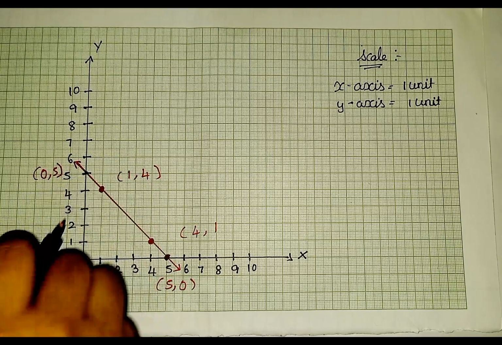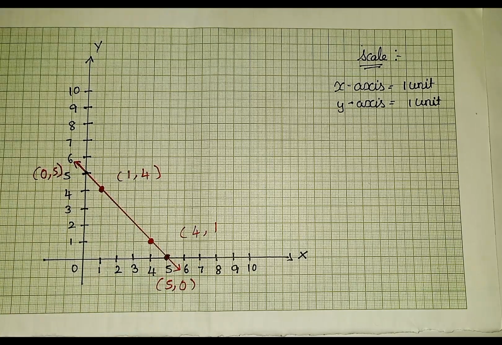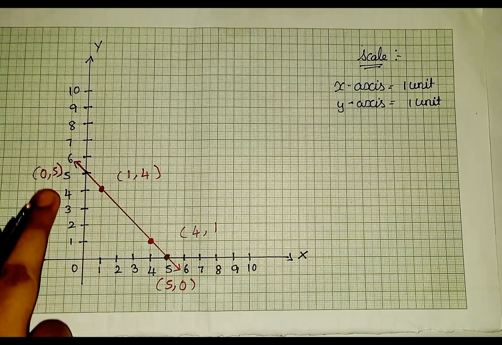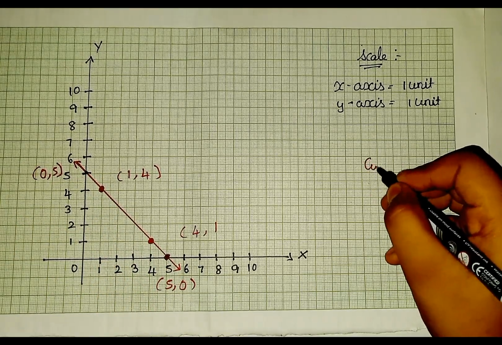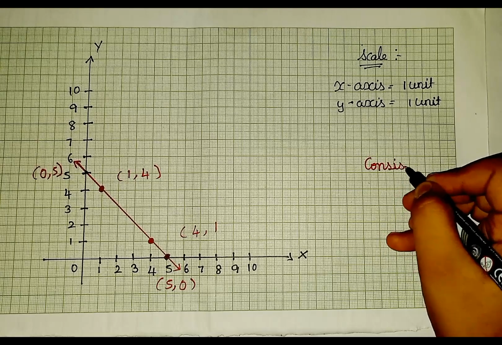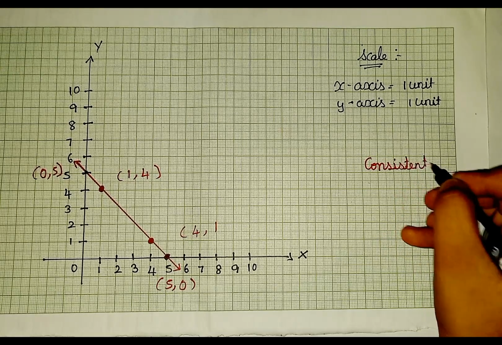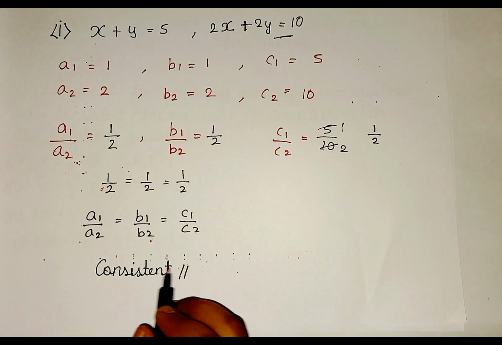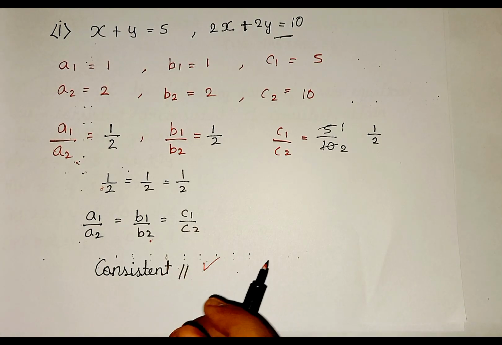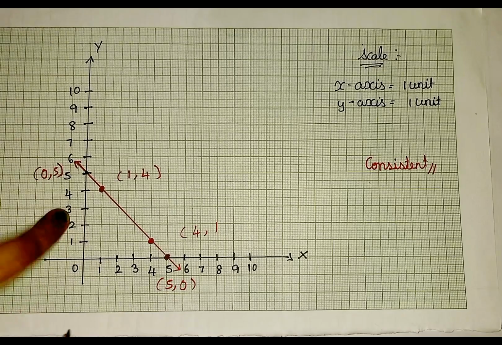So now finally we have the values, isn't it? What is the meaning of this line? This line means it is consistent. Remember, whenever you have a line like this, the meaning is consistent. So according to the equation, we got consistent, isn't it? Then the graph which we drew is correct.